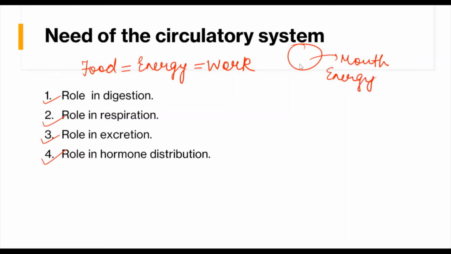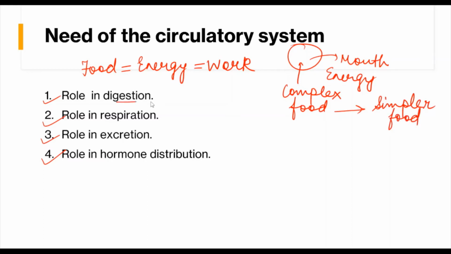Why so? Because this chapati is a complex food, isn't it? We cannot obtain energy from it directly. We can obtain the energy stored in it only when we convert it into a simpler form, isn't it? So the conversion of complex food into simpler form or simpler food is known as what?